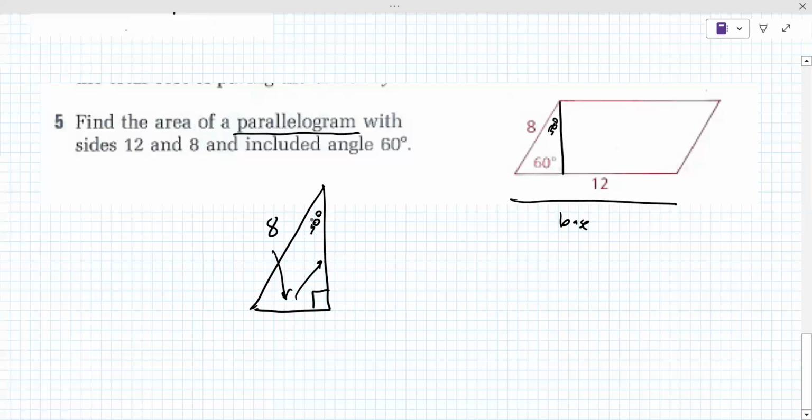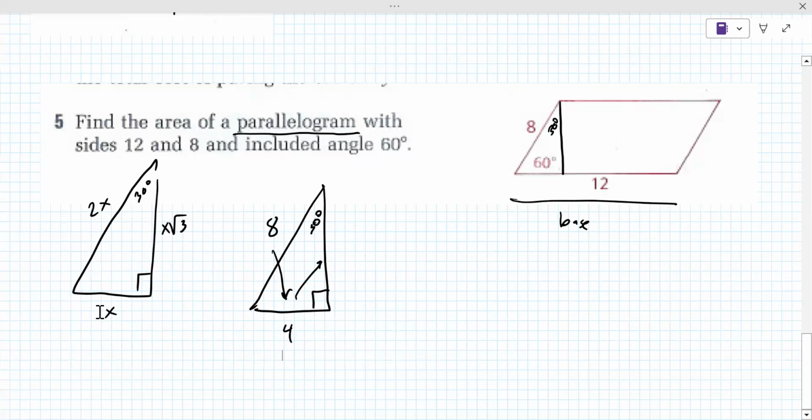What would the short leg be in this case? So the short leg would be, if we're using that trick thing, the X part, and it would be 4. Yes. So this thing I've drawn on the left here is way more important than any of the other formulas.